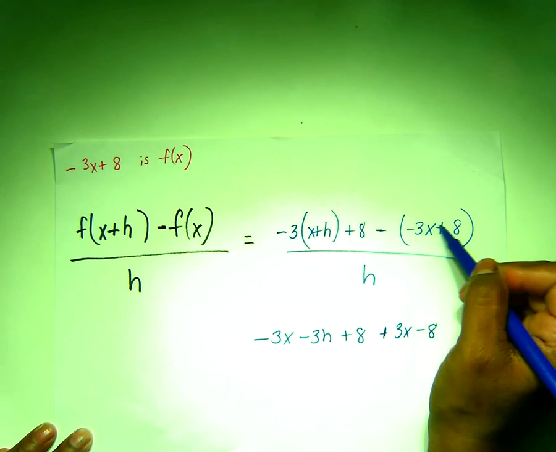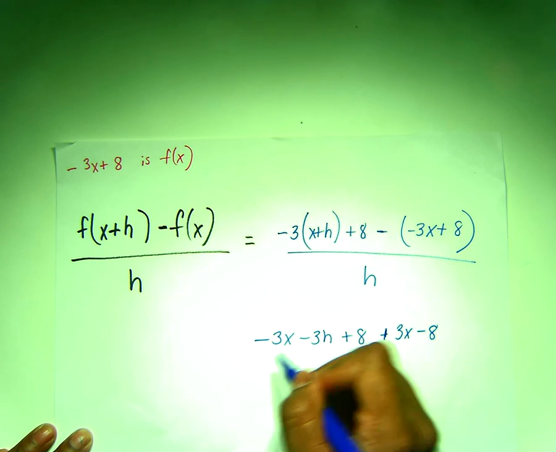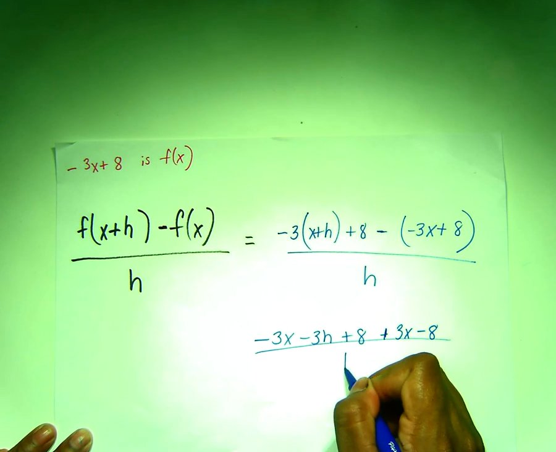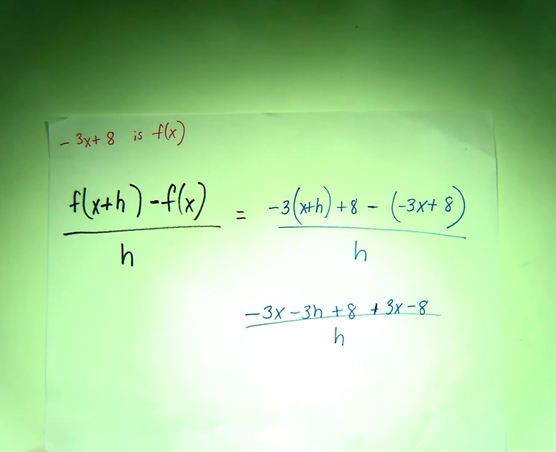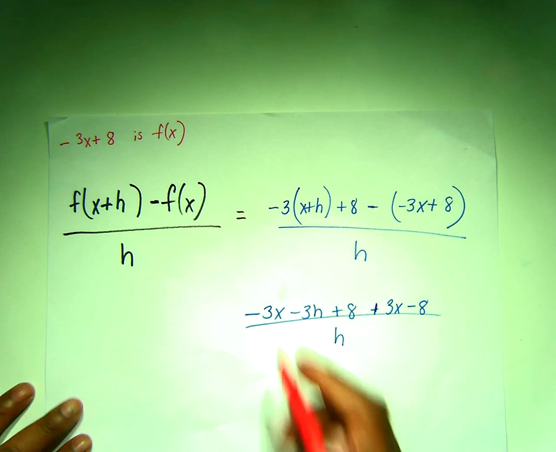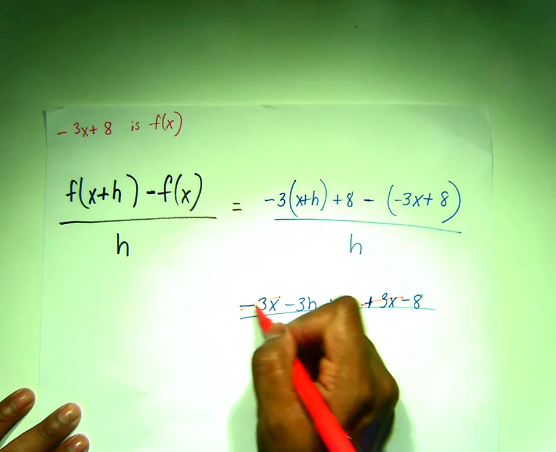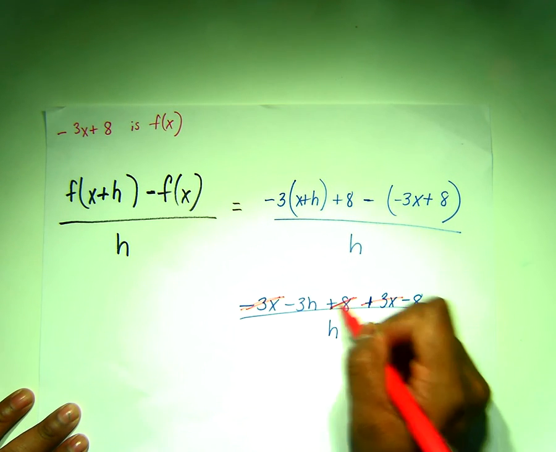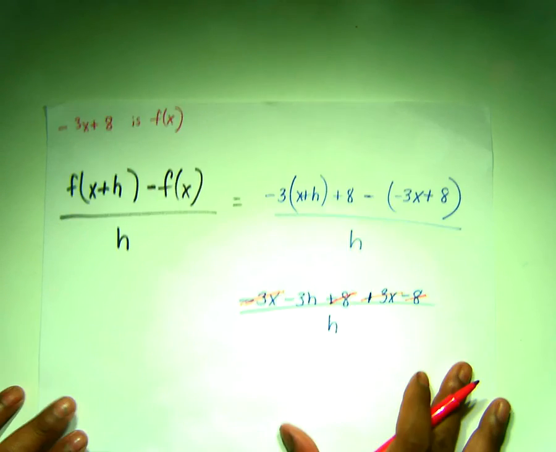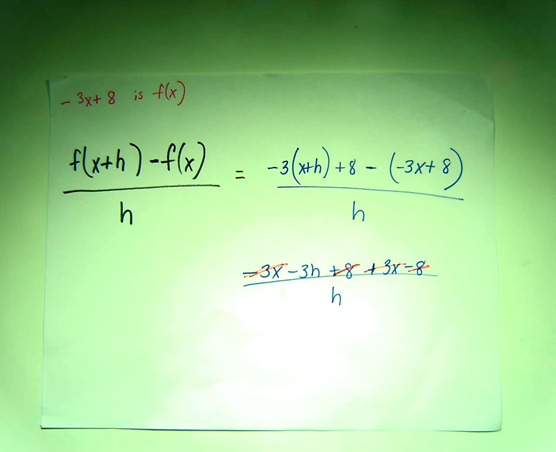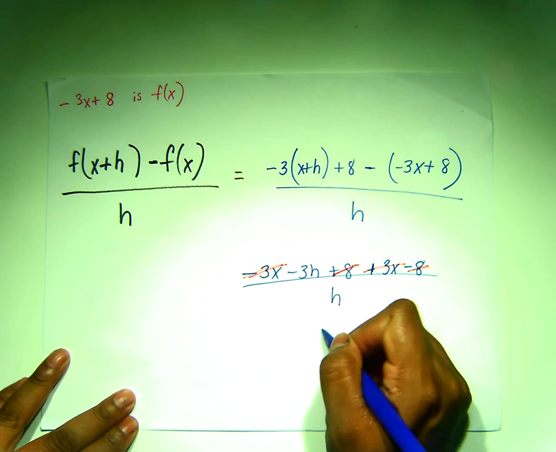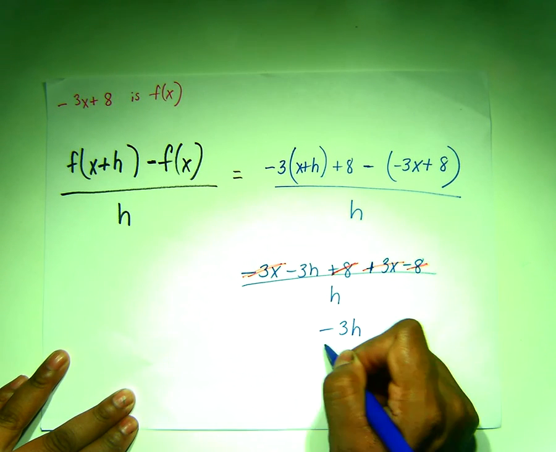Remember, that is a distributive property, so we're distributing everything all over h. Now pay close attention now. Opposite things automatically eliminate each other. So you have your negative 3x and your positive 3x. They're gone bye-bye. Then you have your positive 8 and your negative 8. They're gone as well. So they cancel each other out. Now we're left with negative 3h over h.